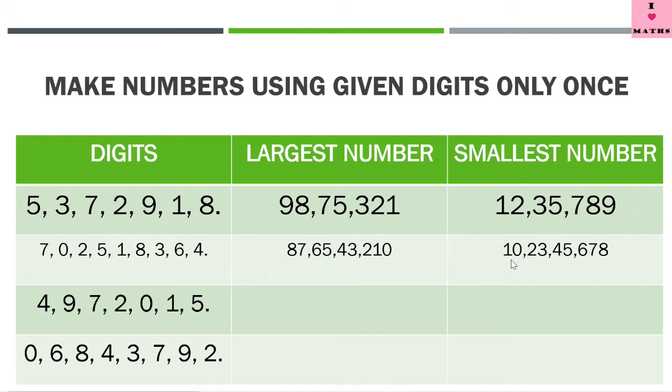So it is very important whenever the given set of digits have 0 in it, the 0 will come at the second largest place in the smallest number.